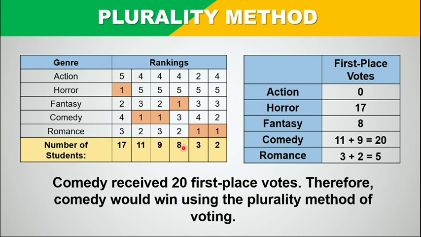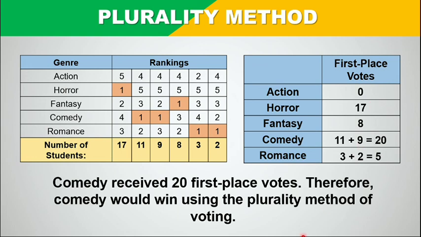However, if your teacher or a person asks which genre received the second place vote, they will not base it on the first place votes. For example, supposedly horror received the second highest number of first place votes, but we will not be considering that.